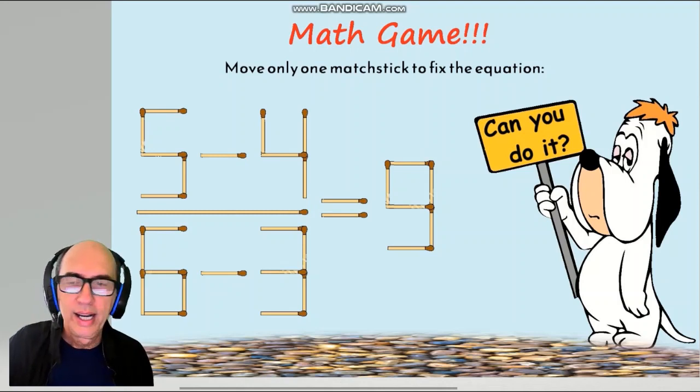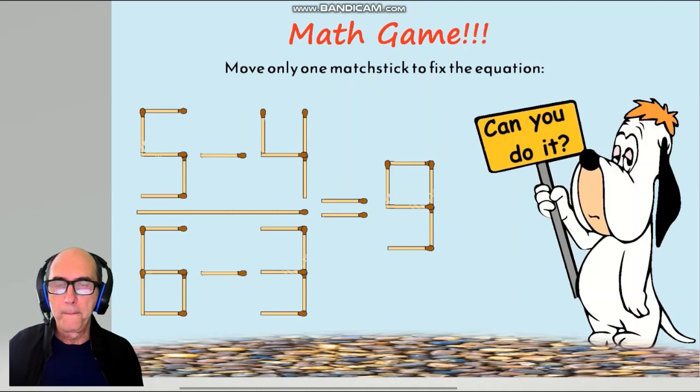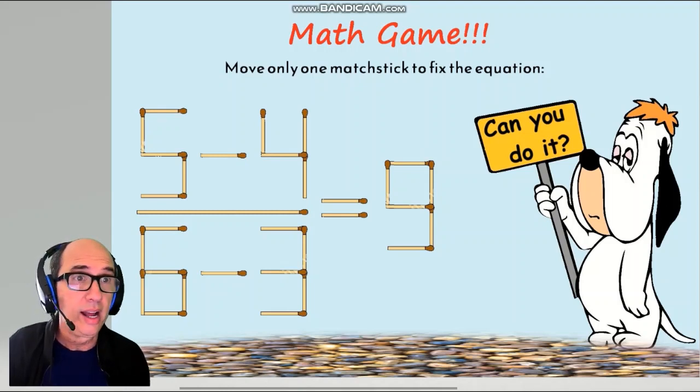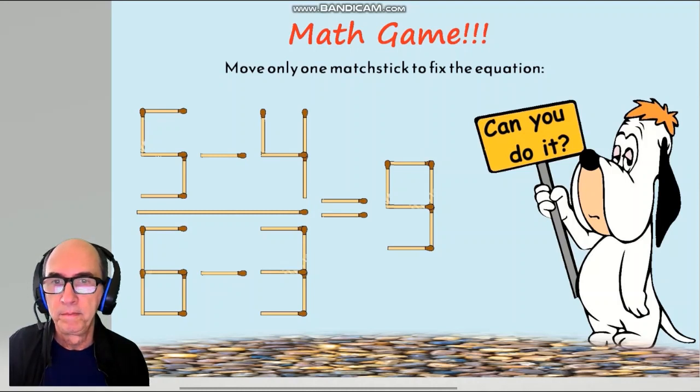As I told you, I like these matchstick challenges. There are lots and lots of matchstick challenges on the internet, and they can have many different ways of solving. I'm going to show you one way, maybe the easiest way to visualize.